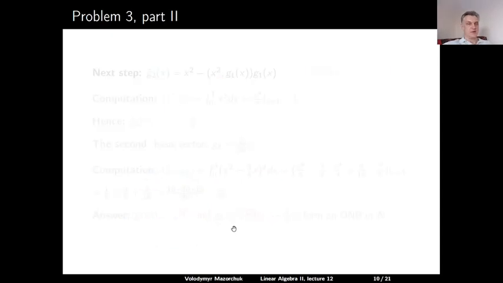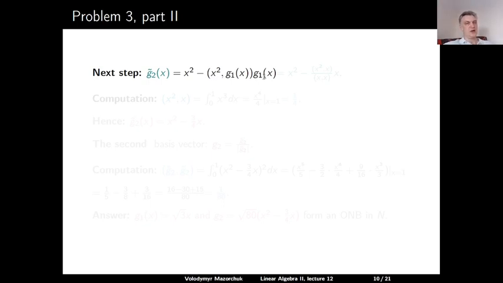Now about the second vector. Before we can determine the second vector, we determine an auxiliary vector g2 tilde, which is by definition the second element in our basis, which is x squared, minus the projection of x squared on the subspace spanned by g1. The formula for that projection is the scalar product between x squared and g1 times g1.